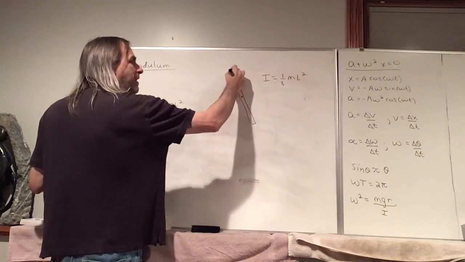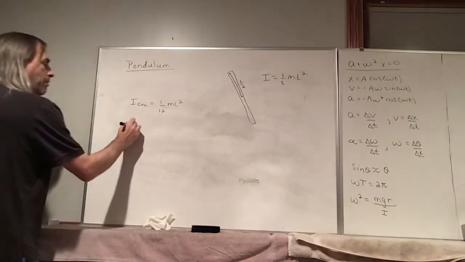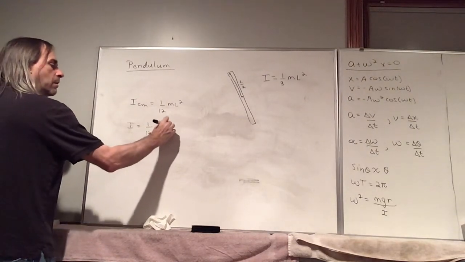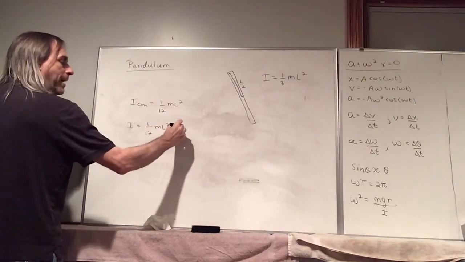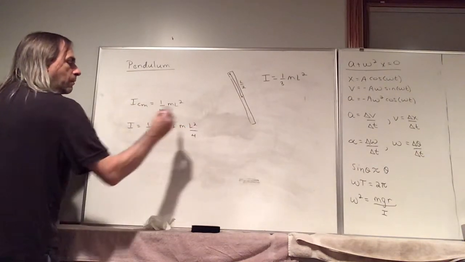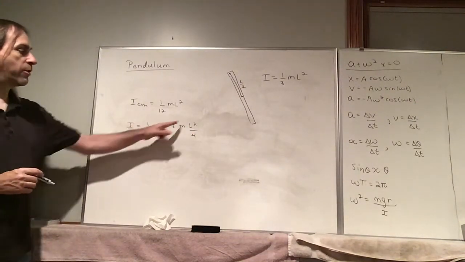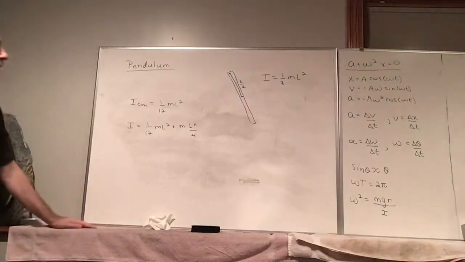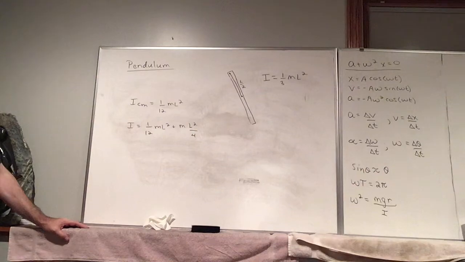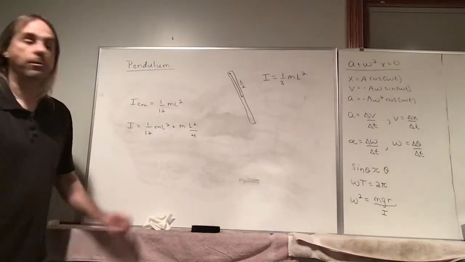So this distance here is L over 2. So the moment about the end would be the moment about the center plus the total mass times that distance squared. And so we have ml squared, which we can factor out, and 1/12 plus 1/4. That's 1/12 plus 3/12, or 4/12, which is 1/3. So that gives us this result here.